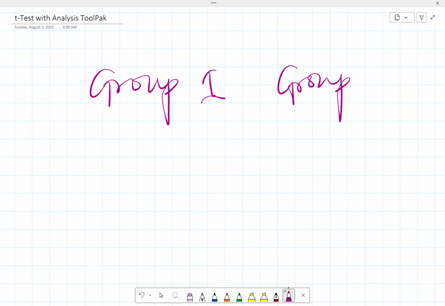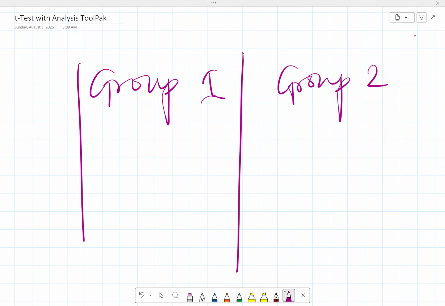Okay, so talking about the t-test with Analysis ToolPak, t-test is the statistical method used to determine whether there is a significant difference between the means of two groups. So you have group one and you have group two. Those groups can vary depending on whatever, as you're going to see.